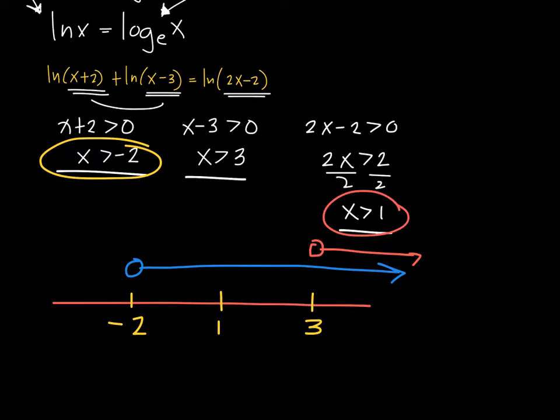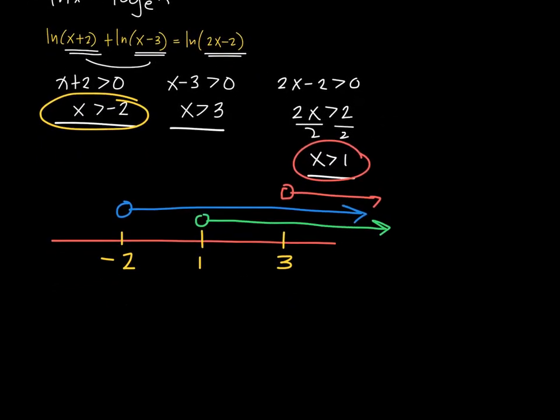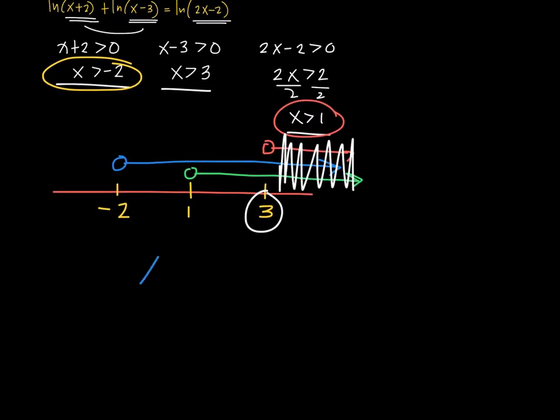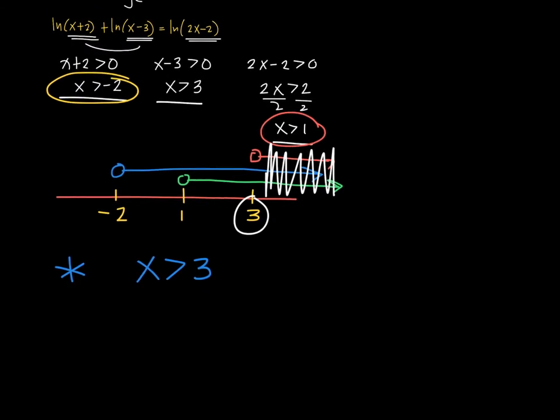X greater than 1 means we have an open circle on 1 and then to the right. The summary of the restriction is where these three overlap. They are the same in this portion, which starts at x equals 3. So the restriction is that x must be bigger than 3. Take note of this restriction for now.